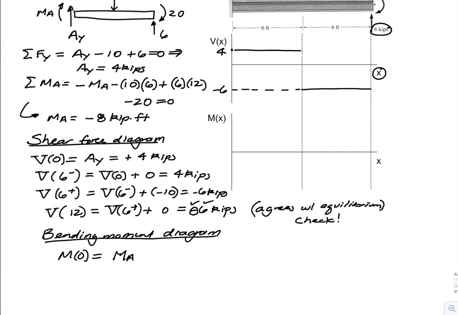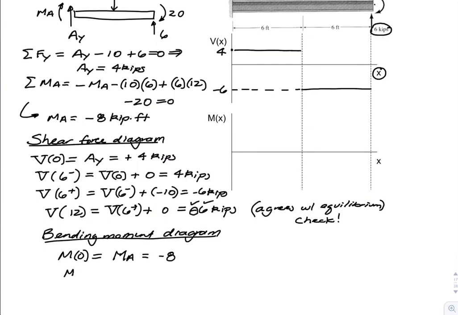And keep in mind it's that same sign because on the left face the positive bending moment is in a clockwise sense. So we saw the MA was clockwise, I'm sorry, we assumed it was clockwise, so it would be a minus 8. This is what we found from above.